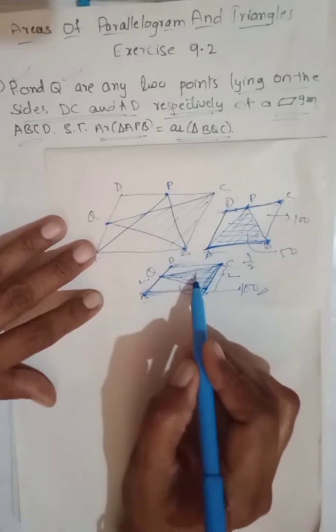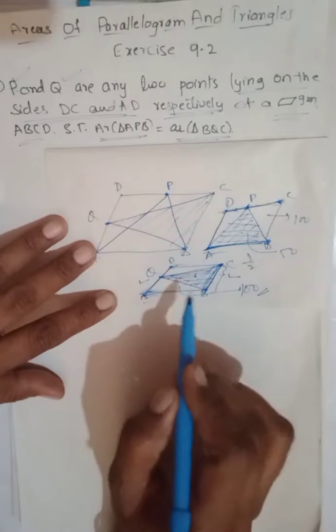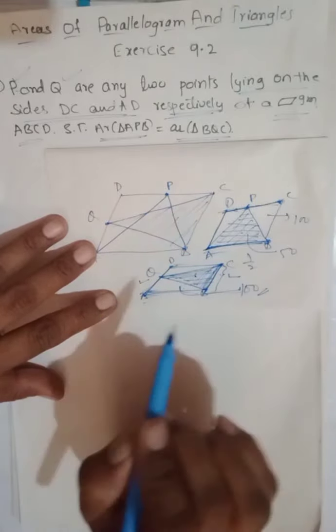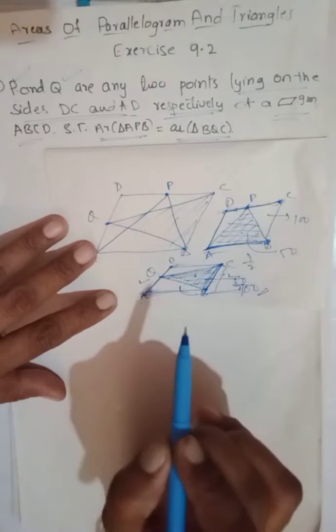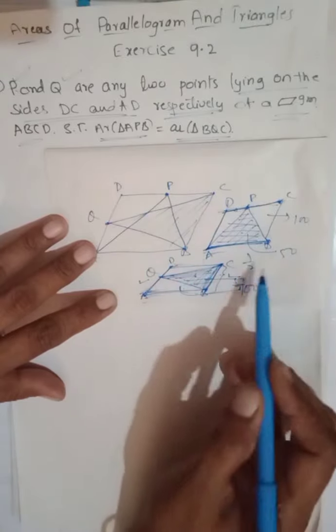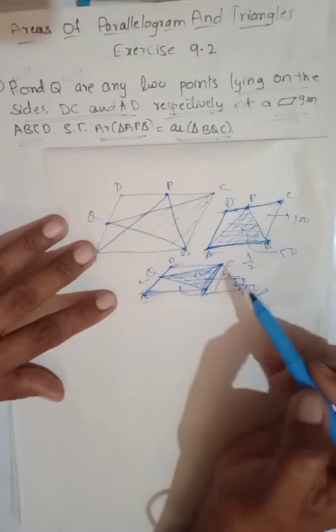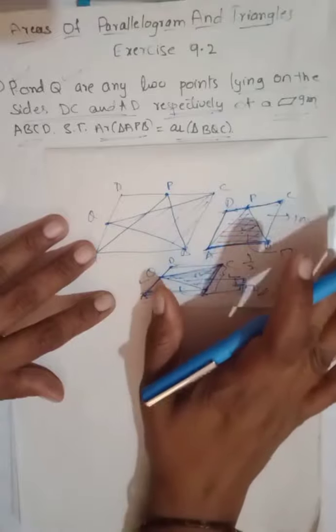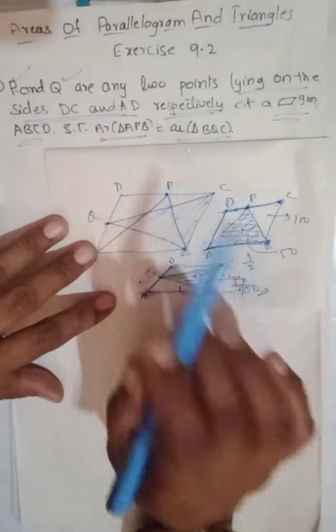Because of that, the area of this triangle is half the area of the parallelogram. So it is also 50. When you compare the areas of this triangle and that triangle, they are equal. This is analyzing, understanding, and dividing the diagram with respect to the given question.